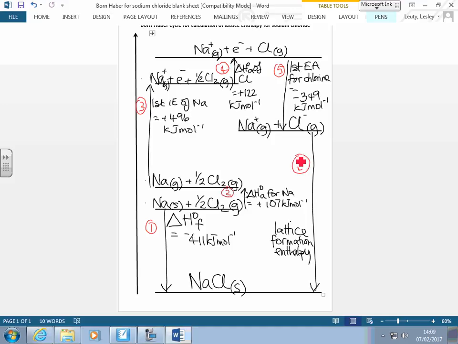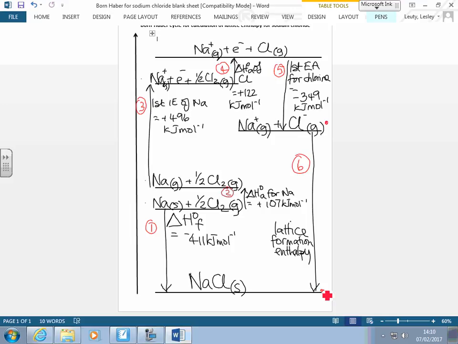So how can we work out 6 given the other bits? 6 goes from here to here. Now, we don't know it, but we know all the other stuff.